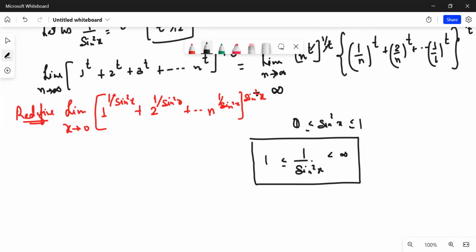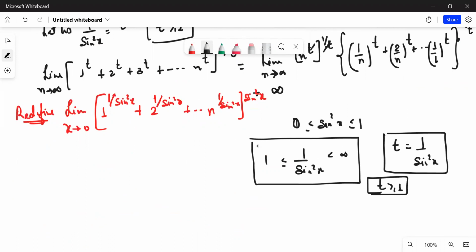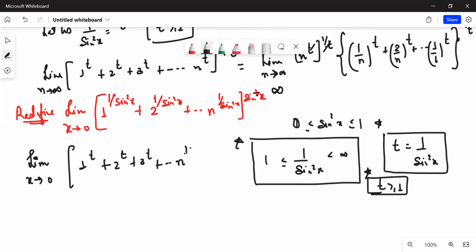So in any case, if I write t as 1 upon sine square x, then obviously my t would be greater than or equal to 1. All these three things one needs to remember. Now, if I write limit x tends to 0, this is equivalent to writing 1 to the power t, 2 to the power t, 3 to the power t, and so on up to n to the power t, and this whole raised to power 1 over t.